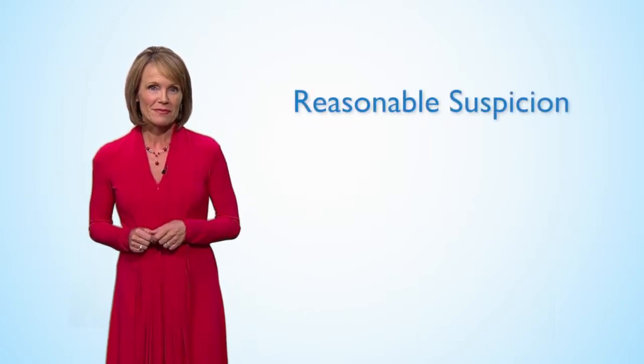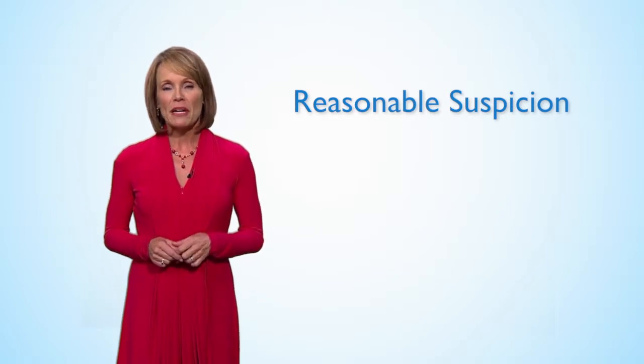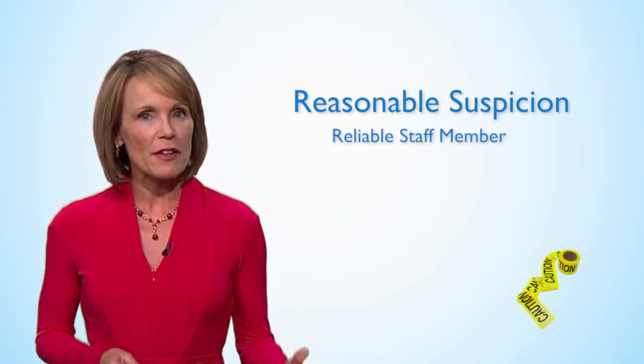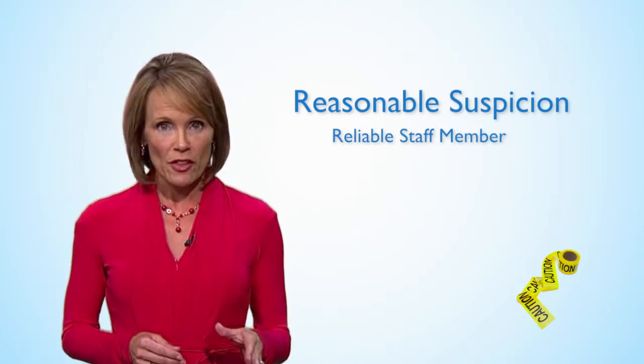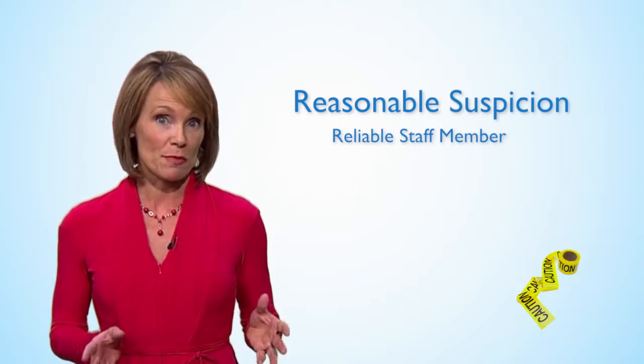Now, let's talk about reasonable suspicion. Reasonable suspicion is a legal burden of proof that must be based on specific facts. For example, a report of a specific problem by a reliable staff member who is confident that she saw the content in question. This would constitute a reasonable suspicion.